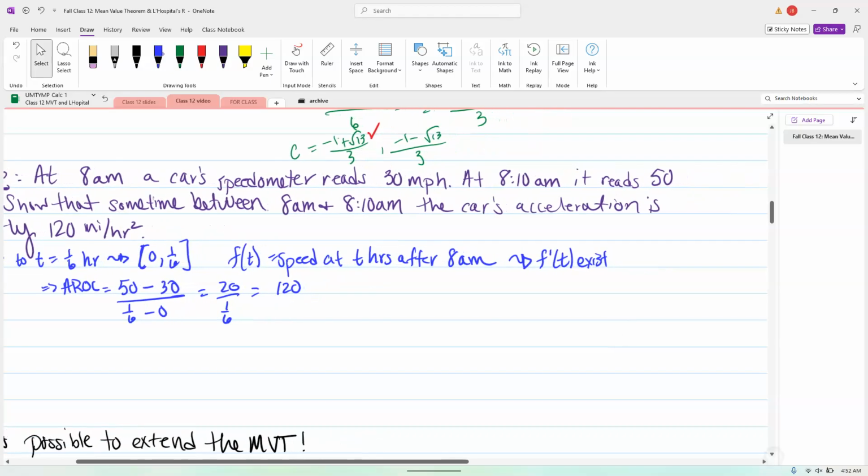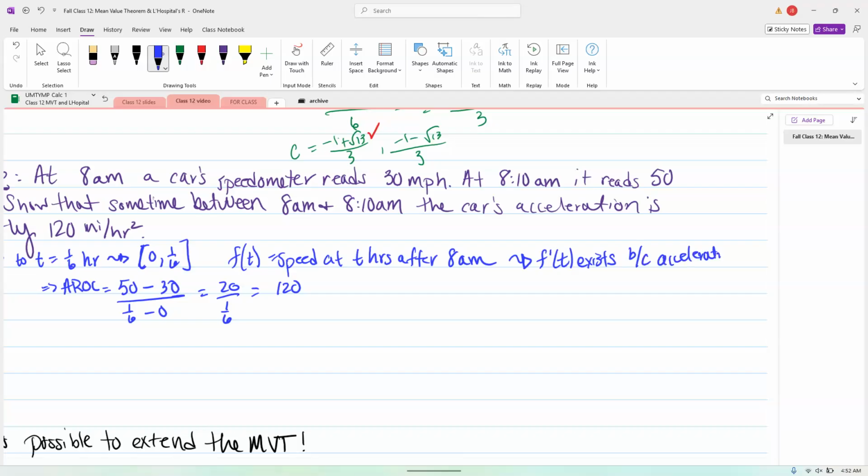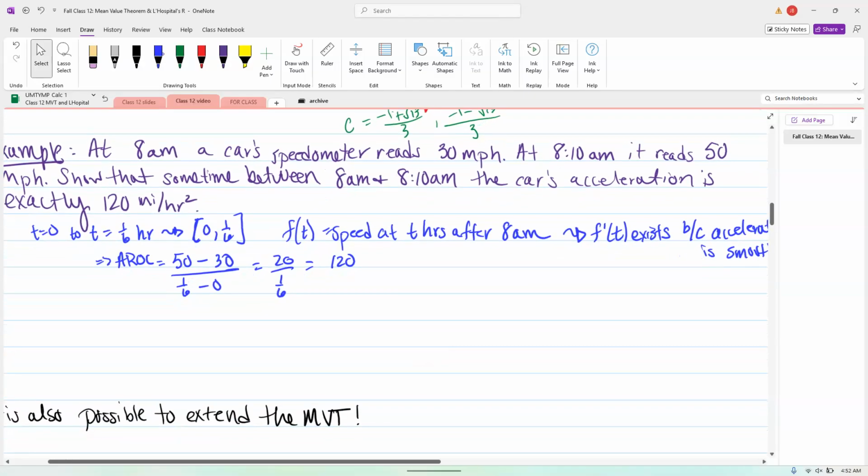No. So I'm going to say it exists because acceleration is smooth. When I say smooth, it just means there's no breaks, gaps, or quick adjustments, right? You have to transition in a smooth way, okay?